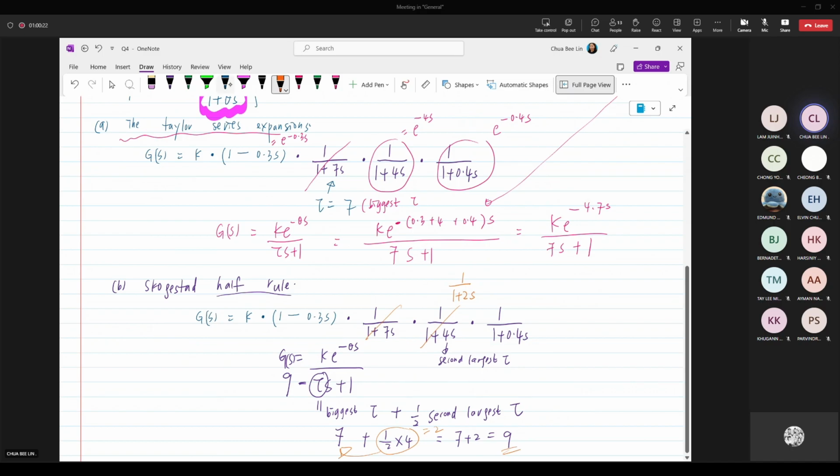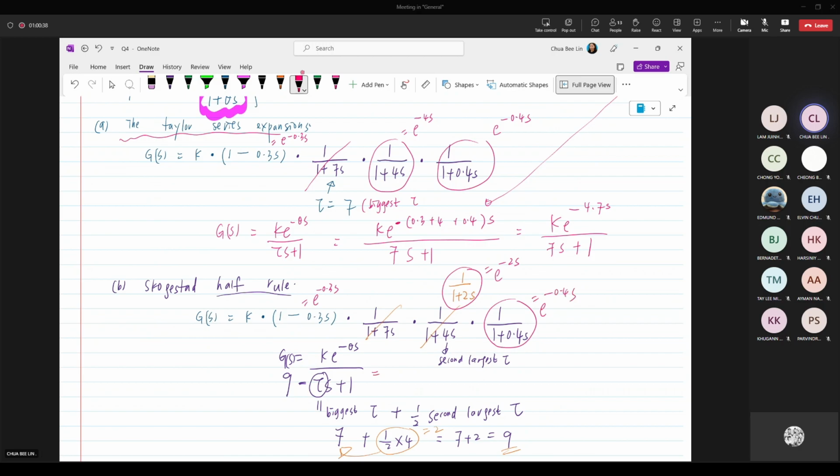Then you can repeat the same one like the one you have. This one will equivalent to e negative 0.3s. Then this one will equivalent to e negative 2s. And this one will equivalent to e negative 0.4s.